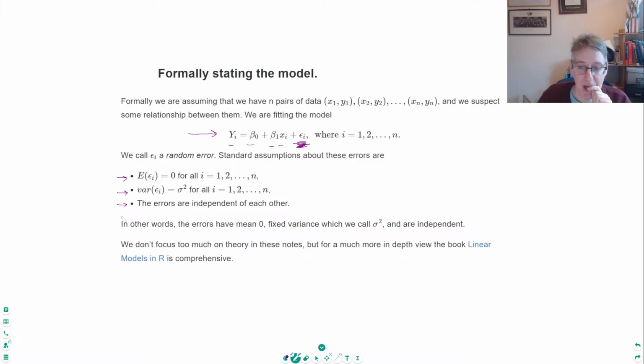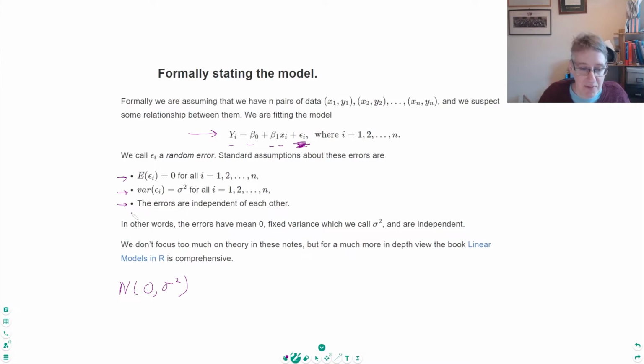Again, I'm not going to talk too much about the theory here, but do look in the comments below for a link to a book which talks more about it in much more detail. We would often assume as well that our residuals are normally distributed, so we'll often write down that they're normally distributed with mean 0 and variance sigma squared.